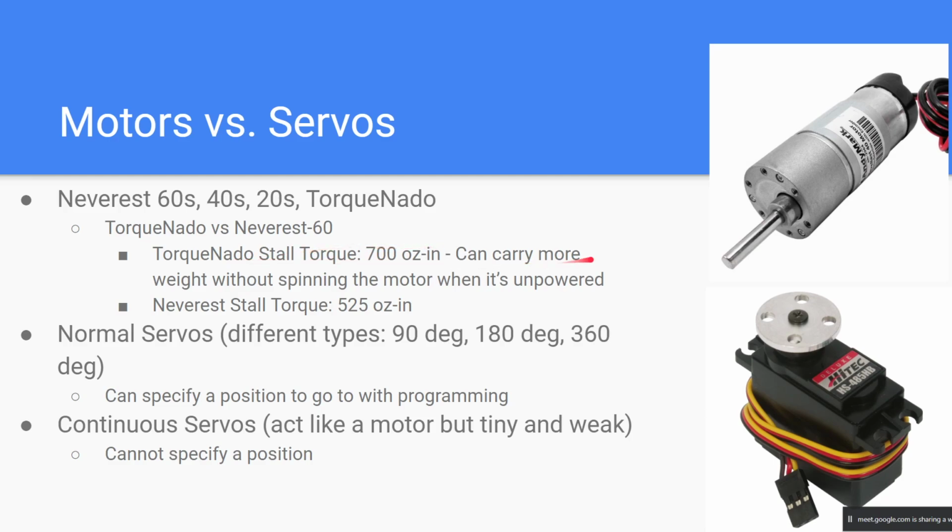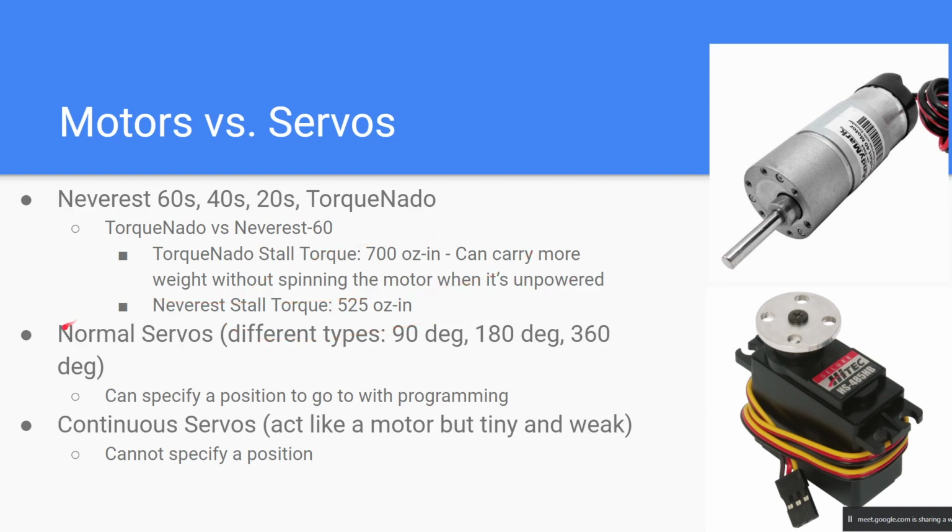So basically this means it can carry more weight without the motor turning and slipping. Things won't slip down when the motor isn't powered. It won't turn the motor when there's a weight applied to it. I don't know, did that make sense? You'll see when you actually start building and using it.